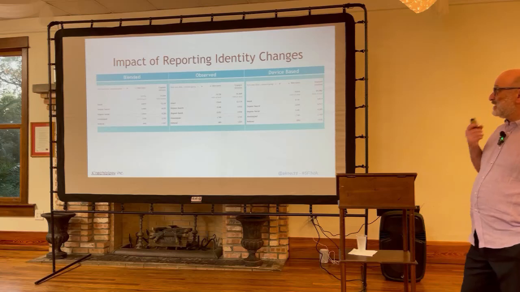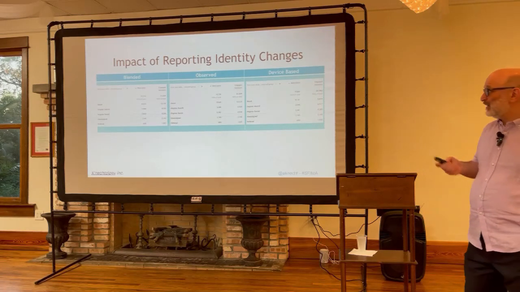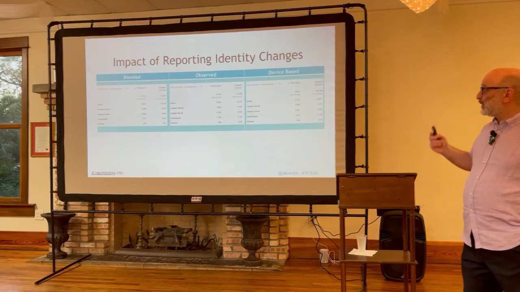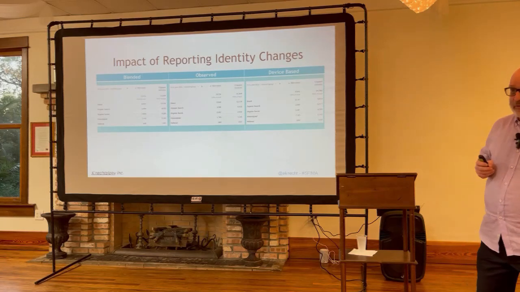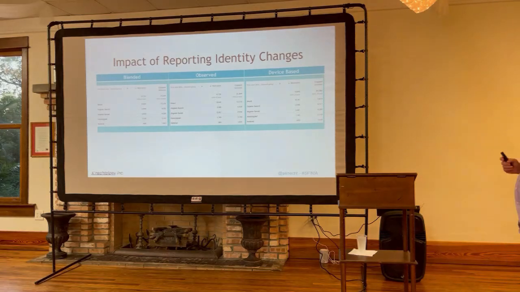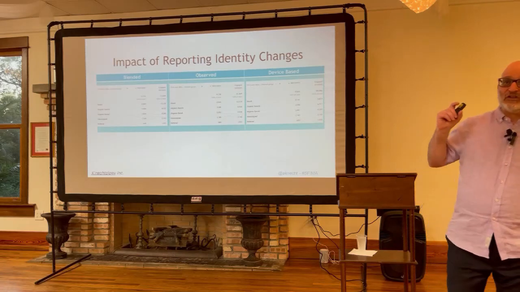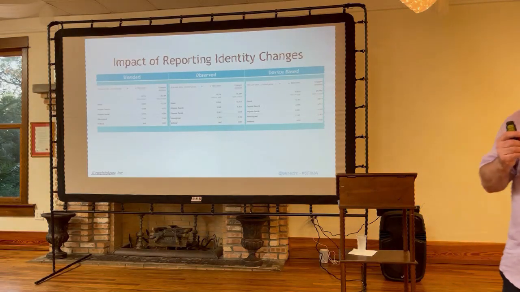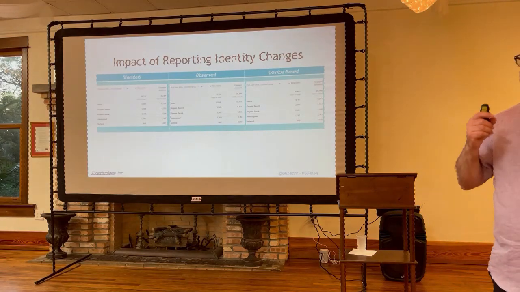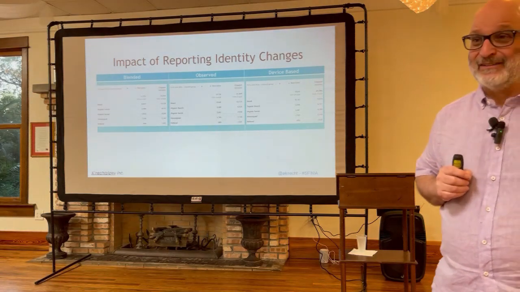But to give you an idea, for right now, because that modeled data doesn't work for anybody, I compare blended versus observed, and I get the same numbers. I did device-based, I get slightly lower numbers for this particular client. The great news about that reporting identity is you can change it at any time you want, and it will reprocess your data.